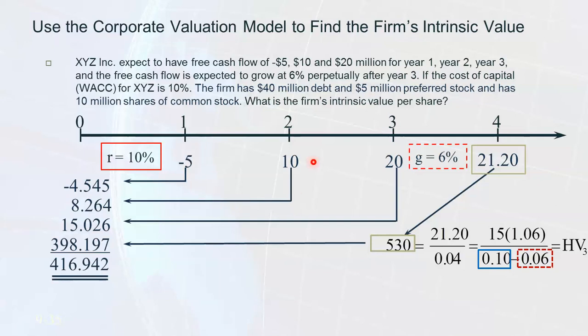Your first cash flow, second cash flow, third cash flow, which is 20 plus 350 together, and add the present values of all future cash flows. That's going to give you the total market value of the firm. This one is similar to the non-constant dividend discount model, except we are using free cash flows here.